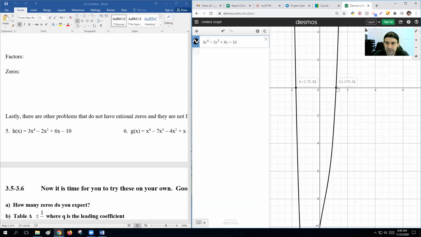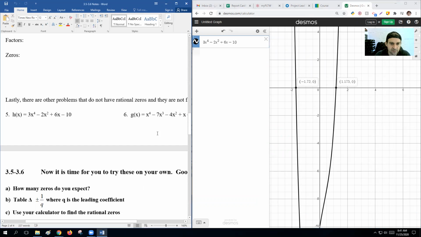But remember, we look at rational zeros, so plus or minus 1/3. So we'll be looking for like 0, or 0.333, or 0.66. Both of our answers are neither one of those. So we would have no rational zeros to begin with.